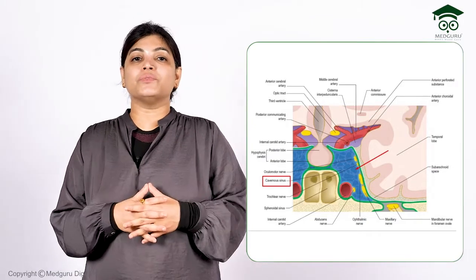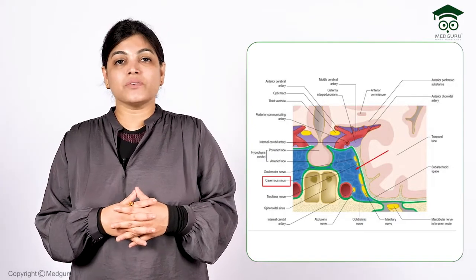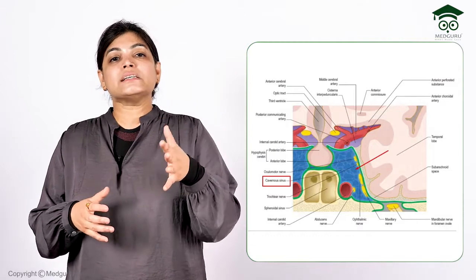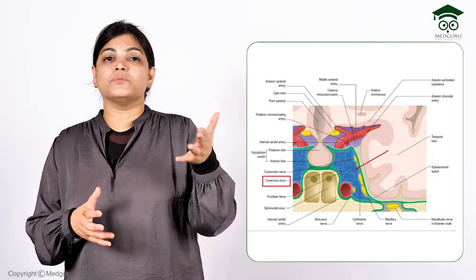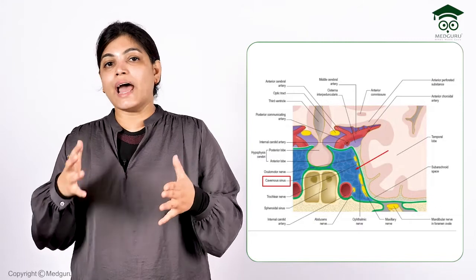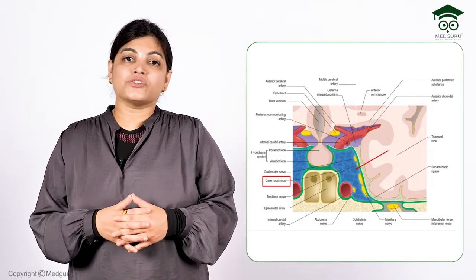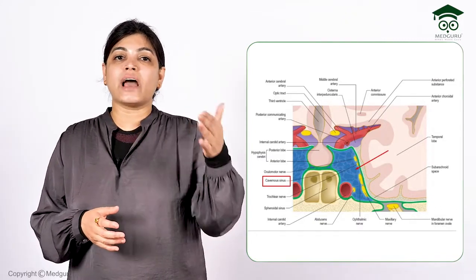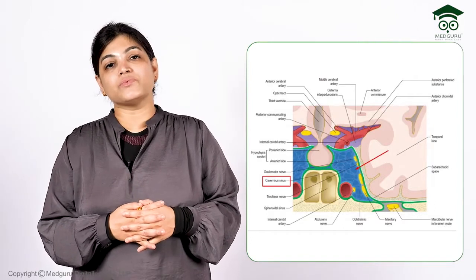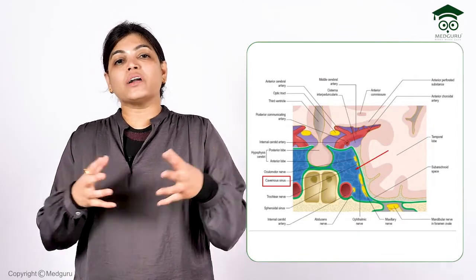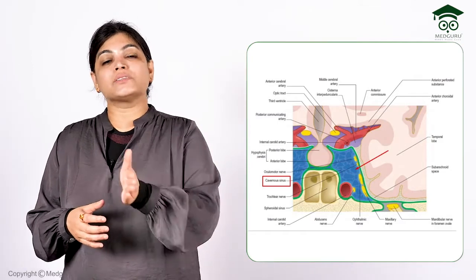When we were discussing the relations of the cavernous sinus, I told you the internal carotid artery is related to the medial aspect of the cavernous sinus, and at times when there is a fracture of the base of the skull, the internal carotid artery forms communications with the cavernous sinus, and there will be an arteriovenous communication.